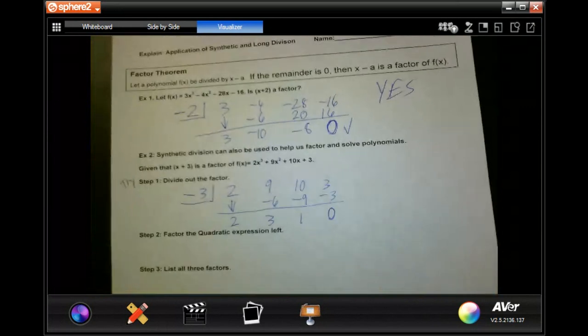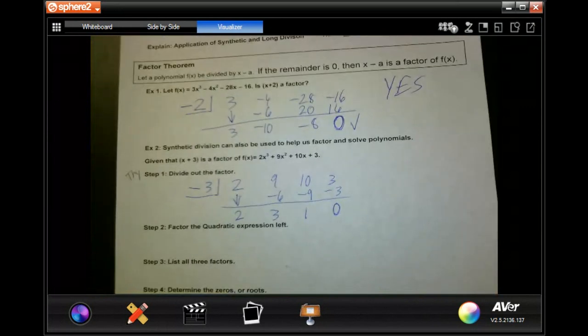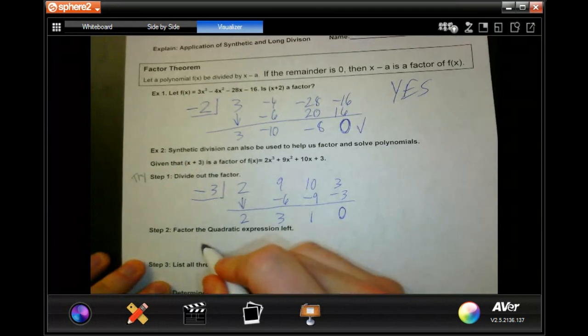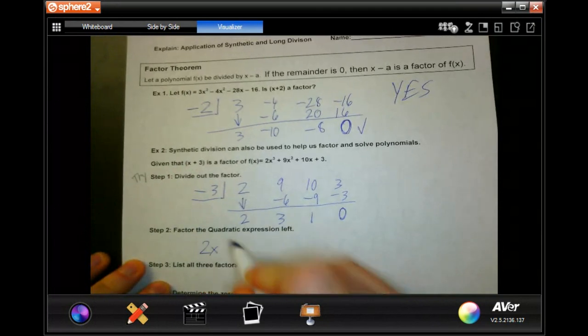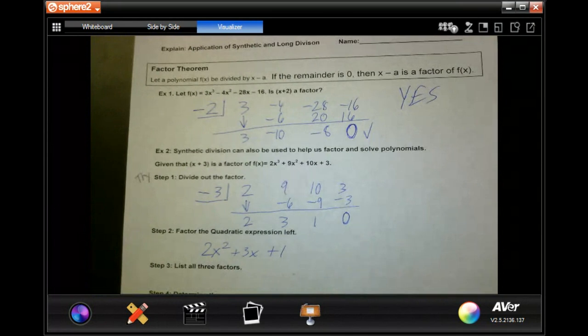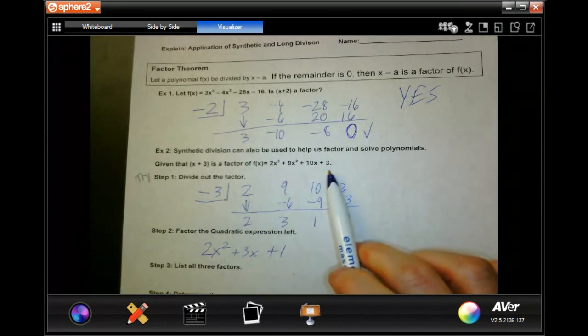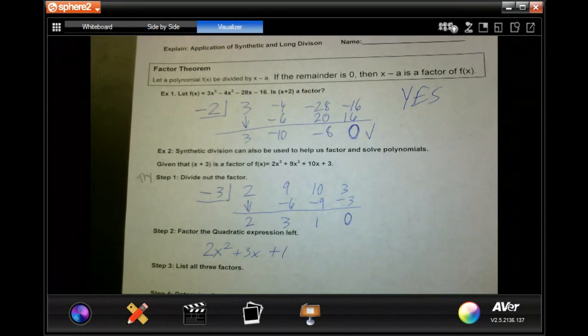So what's the quadratic expression that's left? Okay, so x plus 3 is a factor, and the quadratic expression 2x squared plus 3x plus 1 is the other factor of 2x cubed plus 9x squared plus 10x plus 3. Now, let's list all 3 factors.